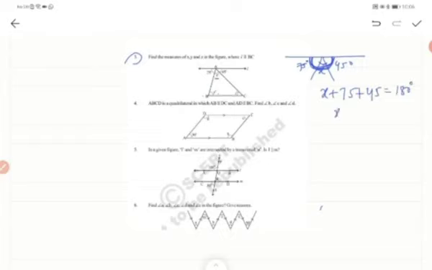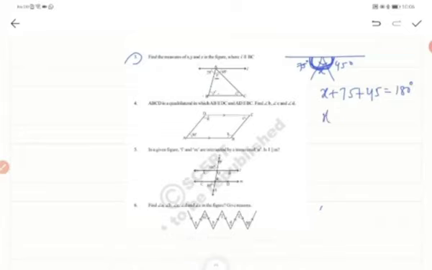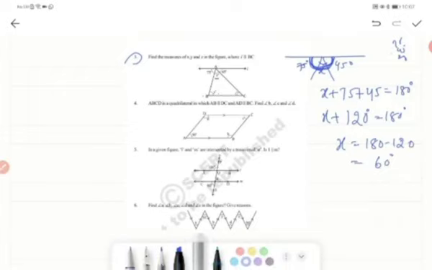So x is equal to 180 minus (75 plus 45). 75 plus 45 is 120, so x will be equal to 180 minus 120, which is 60 degrees. So your x value is 60 degrees.